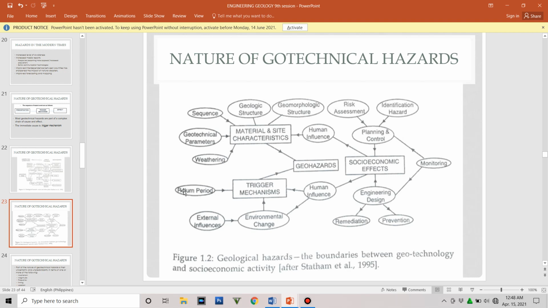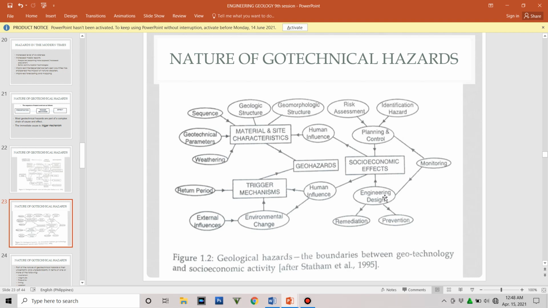There is often a sequence of interlinked connections, blurring the divisions between predisposition and trigger, as we can see on the illustration. So, materials and site characteristics, trigger mechanisms. These are affected by weathering, geotechnical parameters, sequence, geologic structure, geomorphic structure, and the human influence. Okay?